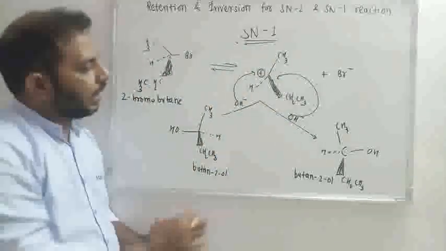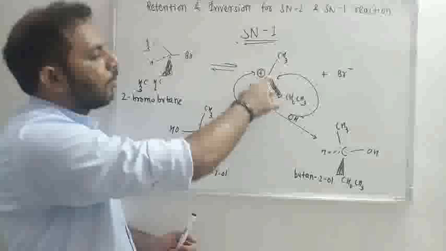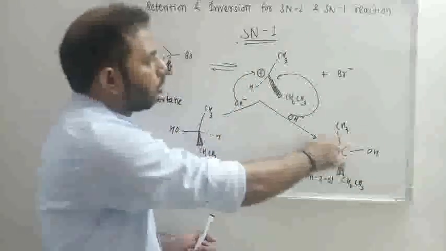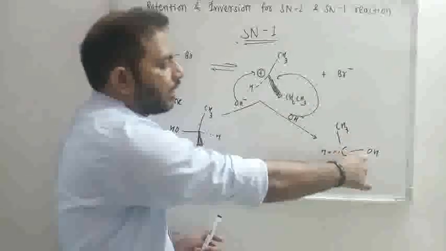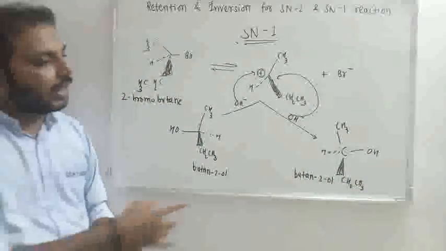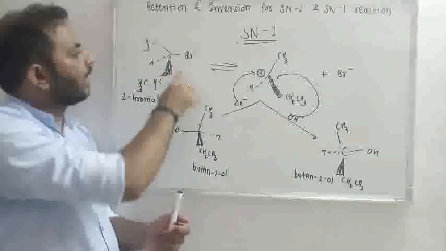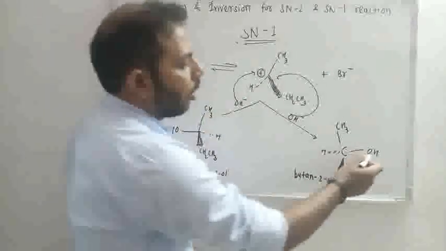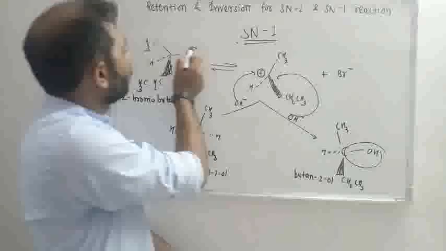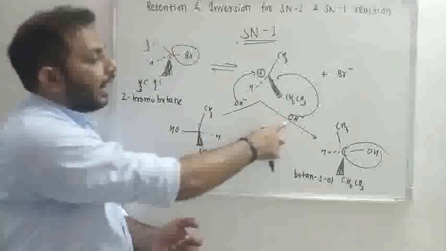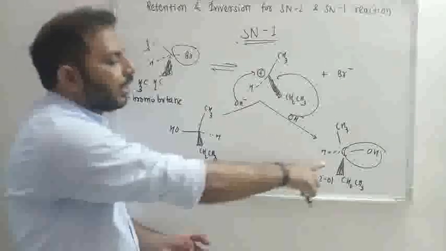Suppose OH minus attacks the carbocation from this side, then we will get a product like this. Here OH will come on this side, so there is retention of the position of OH. Br used to be at this position and OH is also at that position. So if the nucleophile attacks from this side, retention is taking place.